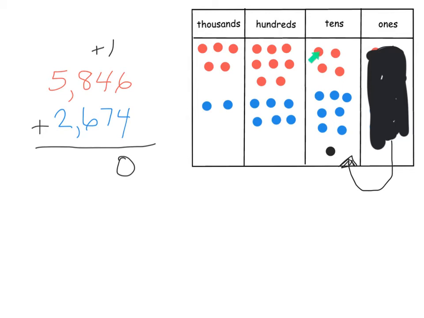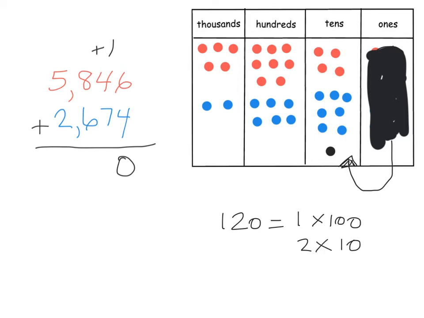We've got 10, 20, 30, 40, 50, 60, 70, 80, 90, 100, 110, 120. So 120 is the same as one group of 100 and 2 groups of 10.